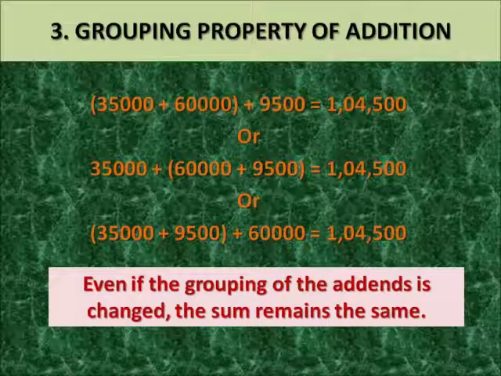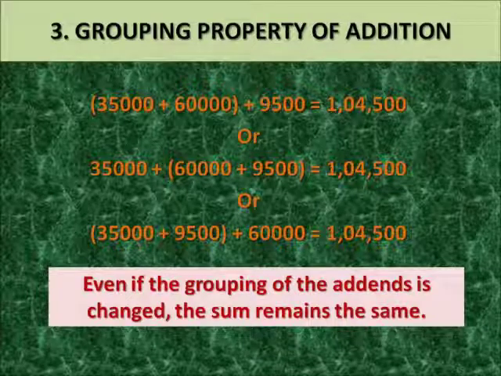Last property of addition is the grouping property of addition. Now look at the numbers 35,000, 60,000 and 9,500. Let us add them. First you will add the numbers 35,000 and 60,000.